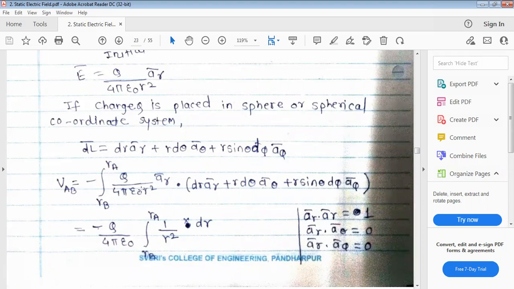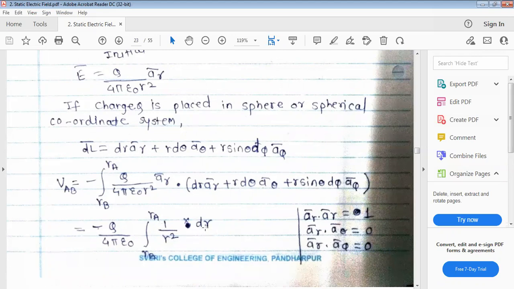So 1 upon R square is taken inside, 1 upon R square into dr. Then a bar R dot a bar theta is 0, and a bar R dot a bar phi is 0. Yes, it is already given here. Okay, so that's why only the term dr will be present here.